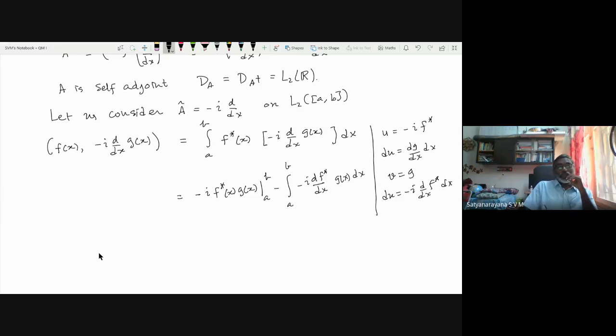So this term depends on some a and b. Let me call that some delta of a comma b, plus the integral from a to b of i d by dx into f star of x into g of x.